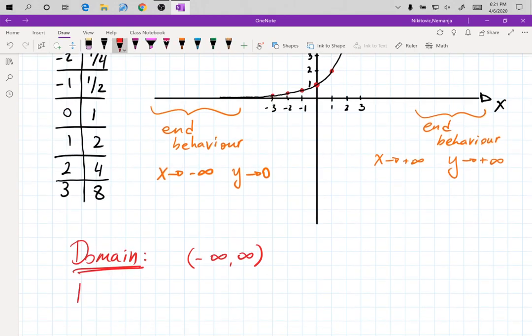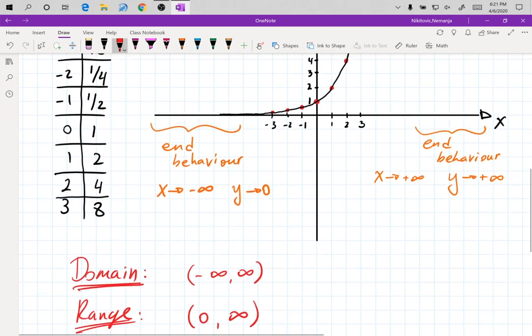Now the range, which is the set of all y values, is going to be 0 to positive infinity. We are not including 0, because the graph will never touch or cross the x-axis, right? So we do not get to reach y equals 0 ever. Therefore, y equals 0 is not part of the range of the function.